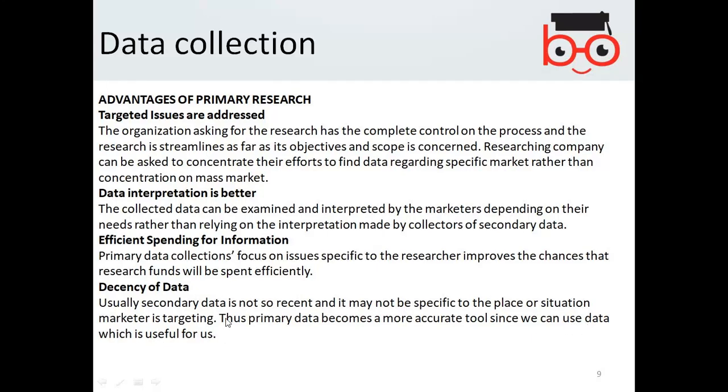So the advantages include that the targeted issues are addressed in the primary data while researching, data interpretation is better, efficient spending of information is given, and decency of data is given. Is that clear? Yes.